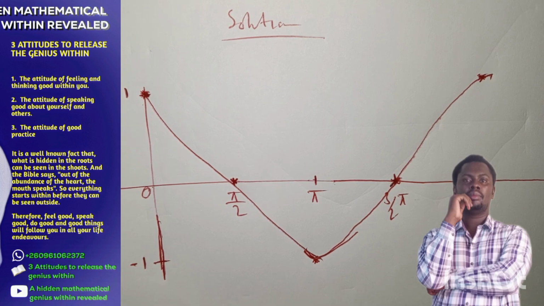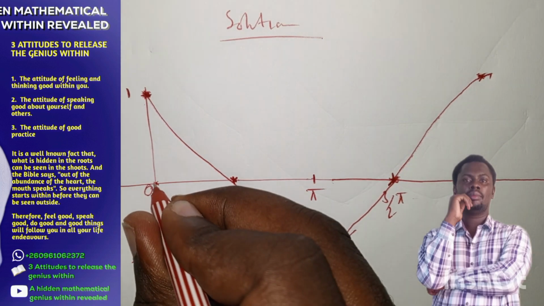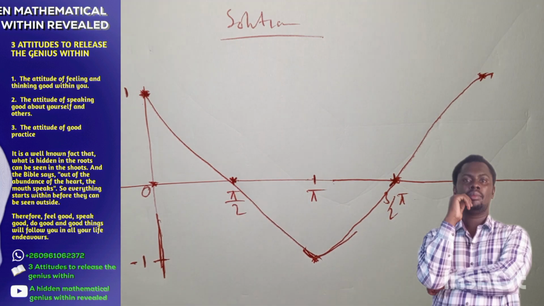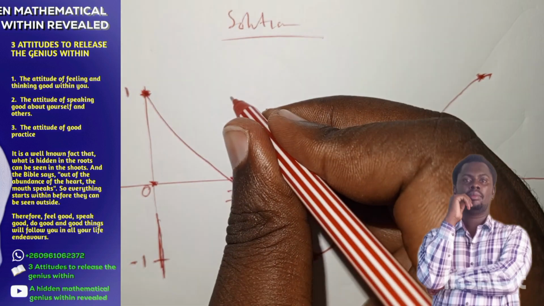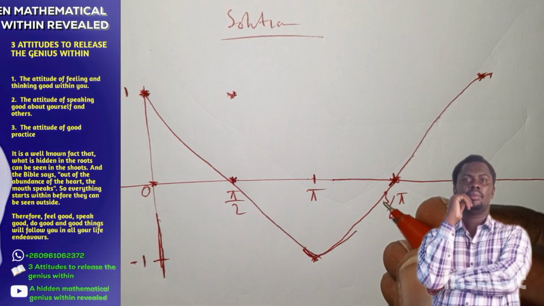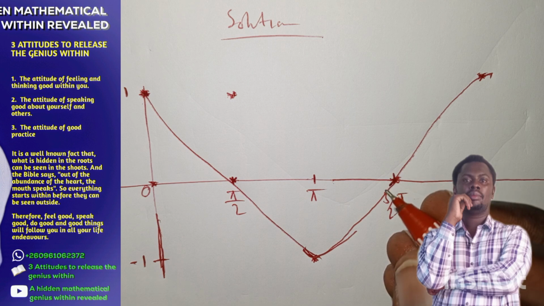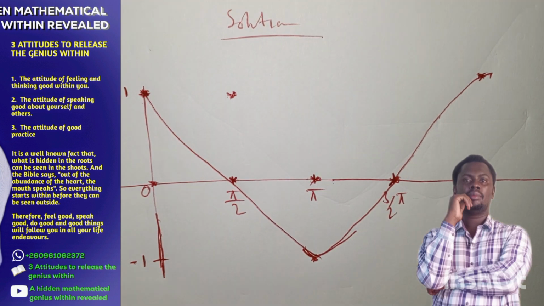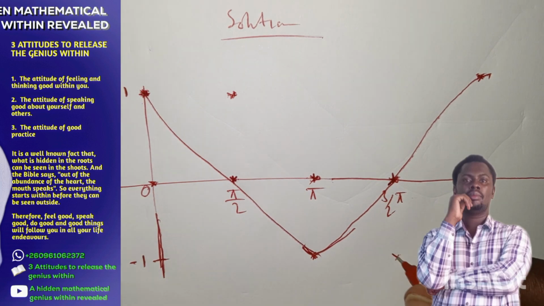Then for sine x, sine of 0 is just 0, so sine starts from the origin. Sine of pi over 2, that's sine of 90, is 1, so it will be there. Then sine of pi, that's sine of 180, is 0. And sine of 270 is negative 1.